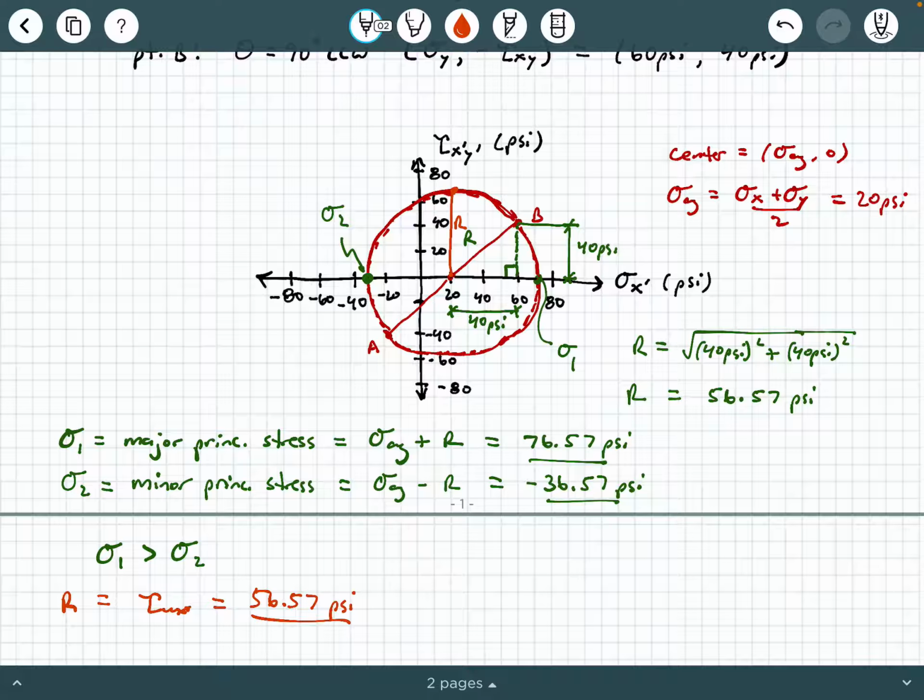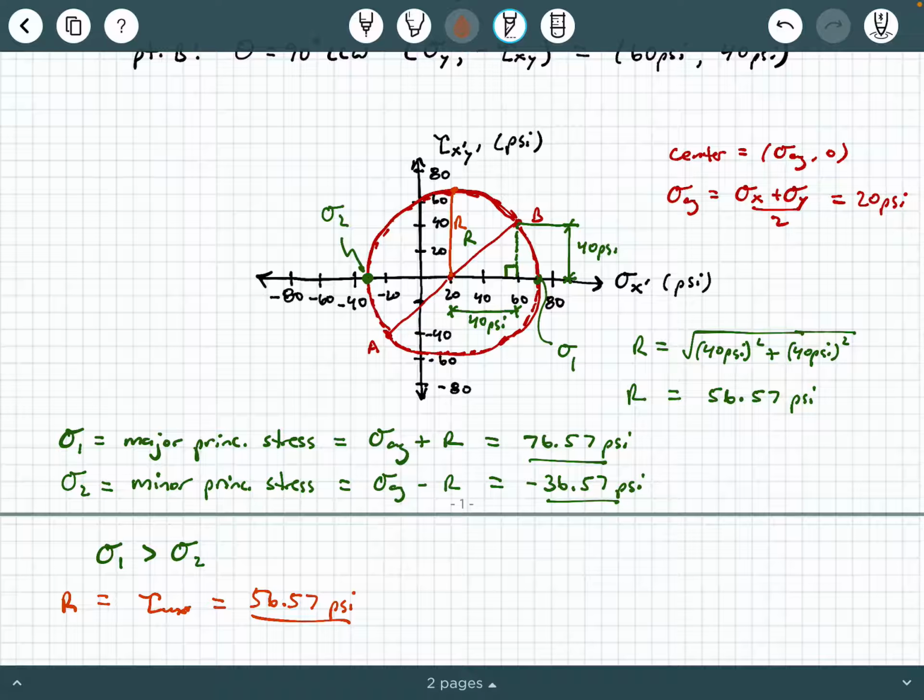Now, here's what I want you to be careful about when you're sketching this on your own, okay? If you sketch this really nicely to scale, it's going to be a nearly perfect circle. Theoretically, it'll be a perfect circle. Now, if you notice, the radius and tau max is 56.57. Now the way I drew this looks like it's above 60, okay? That's because I freehanded it.